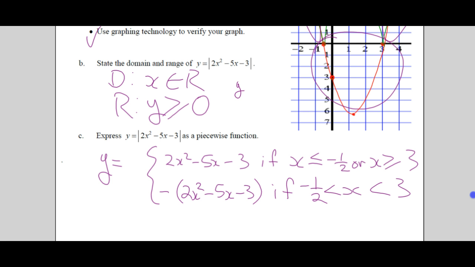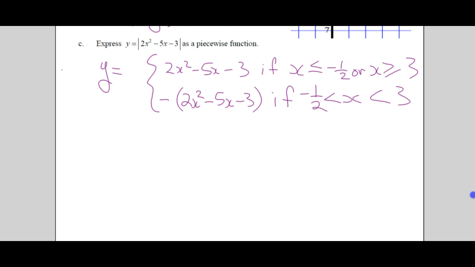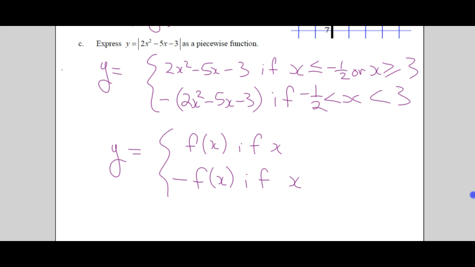Think of it like this. Okay, so it's the function if x, whatever, right? Let's say greater than or equal to a, and otherwise it's the negative of the function.